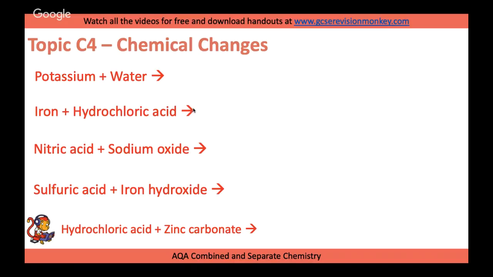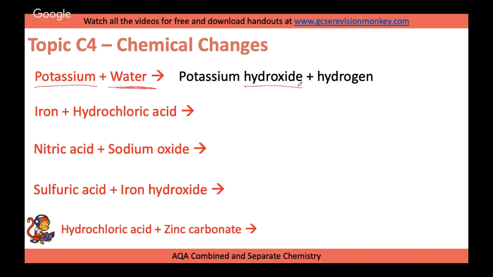Okay, let's have a look at these equations then. So these come up in chapter 4. So if you're adding a metal to water, you make a hydroxide. So potassium hydroxide and hydrogen gas is given off. If you just add a metal to an acid, again, a simple thing, because we're just adding a metal on its own.